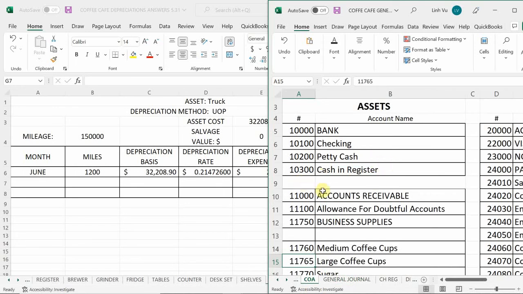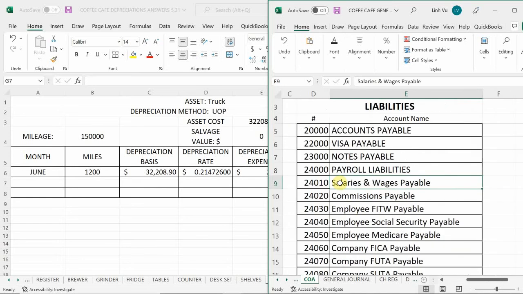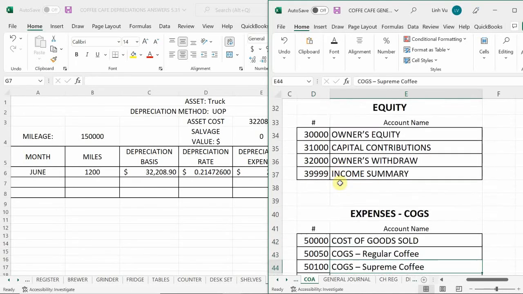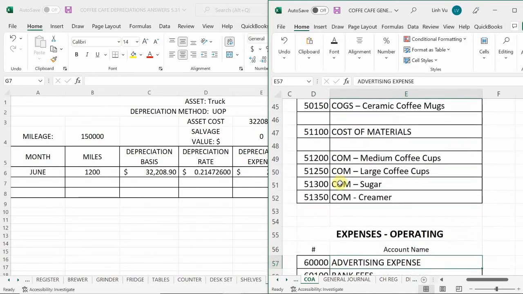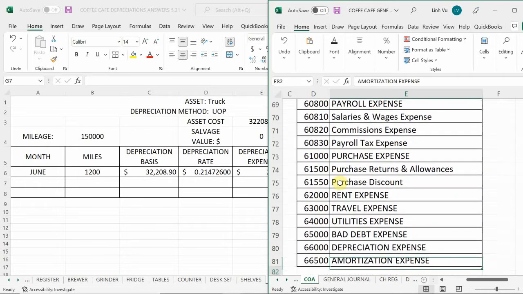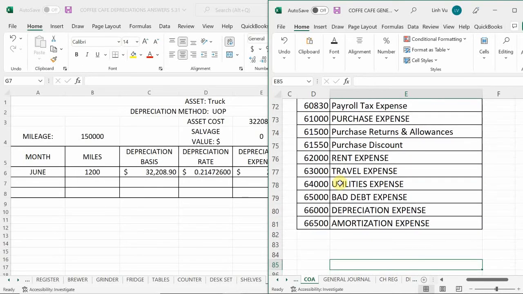Give me a minute. For the debit it's depreciation expense, and then for the credit we use accumulated depreciation.